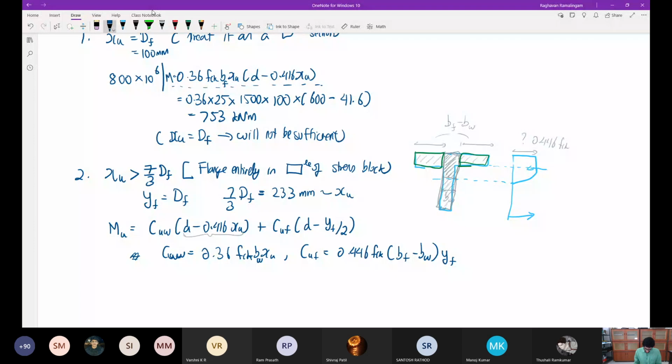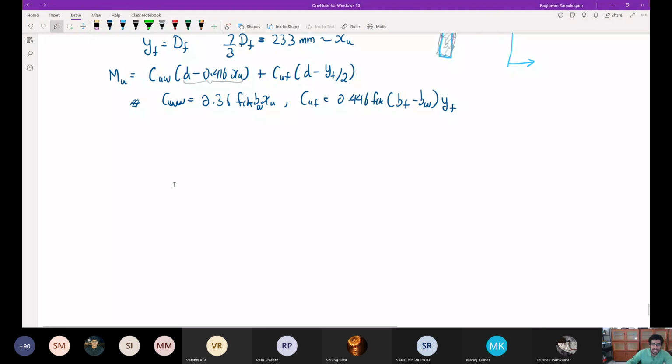So it's not very difficult to do. What I would first want you to do is find this in terms of XU. How much XU is CUW, and similarly CUF.